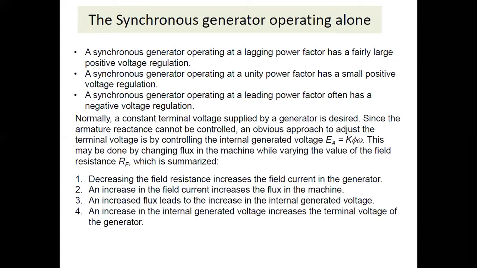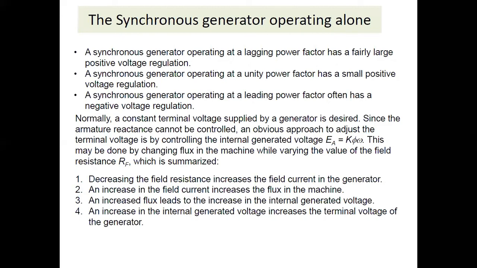Decreasing the field resistance increases the field current in the generator, the first case. The second case, an increase in the field current increases the flux in the machine. An increased flux leads to an increase in the internal generated voltage. An increase in the internal generated voltage increases the terminal voltage of the generator.